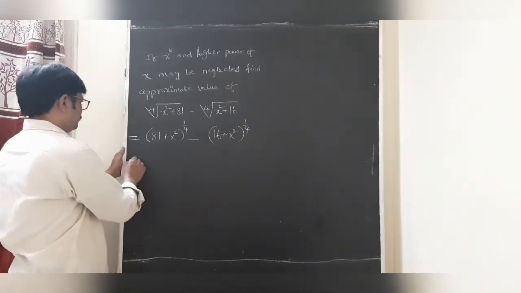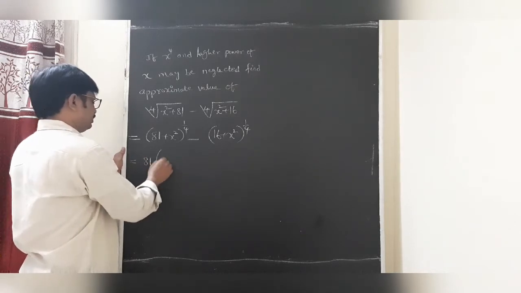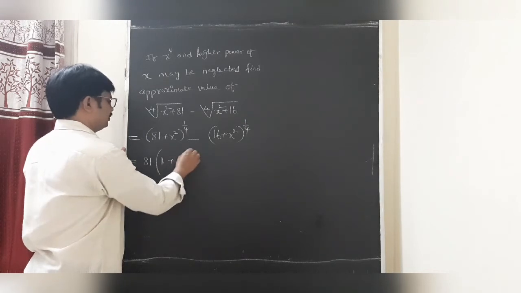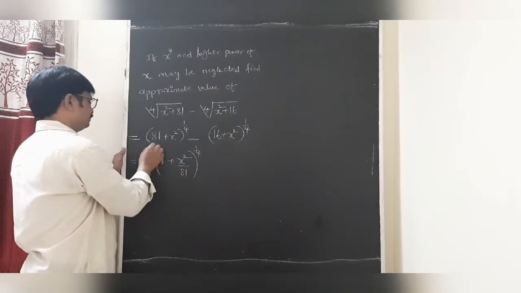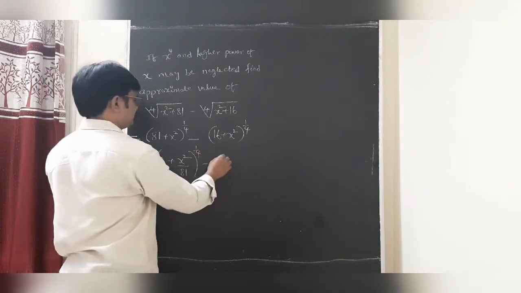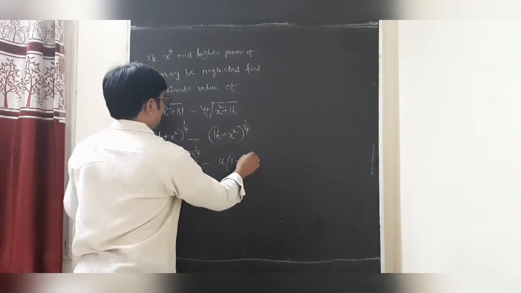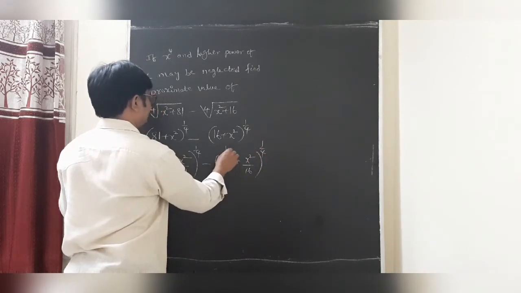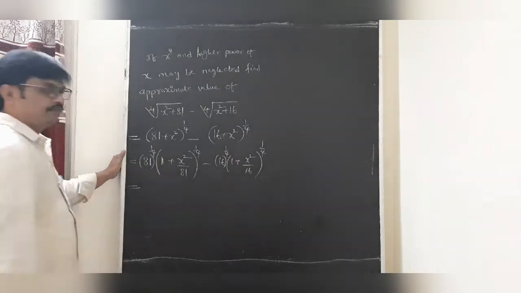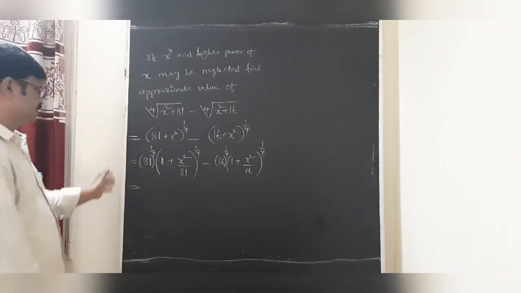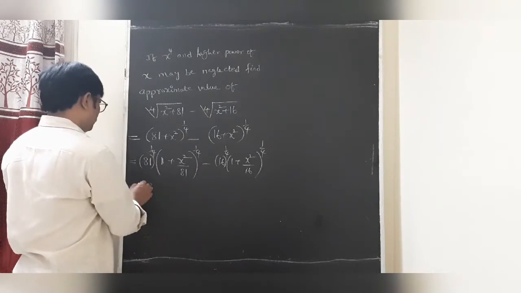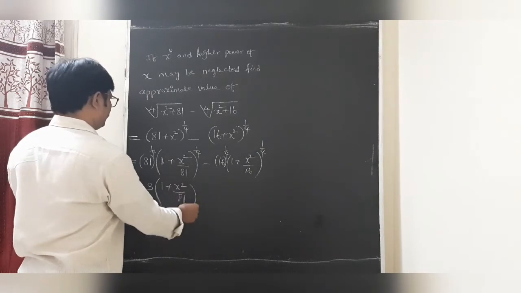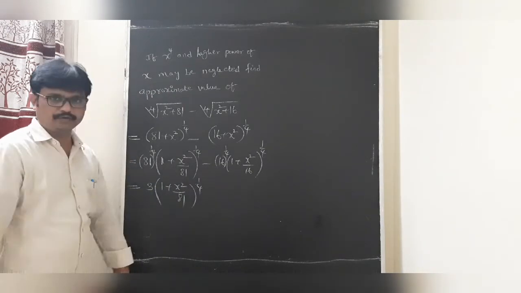Now we are taking the common factor 81: 81 (1 + x²/81)^(1/4). This is also, students, 16 as the common factor: 16 (1 + x²/16)^(1/4). So 81 is 3 power 4, and the 4 cancels, this is 3 (1 + x²/81)^(1/4).